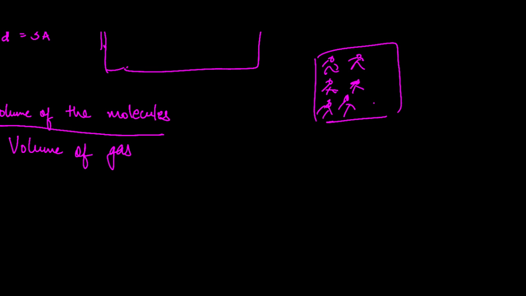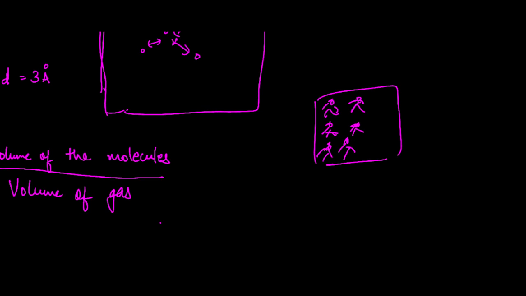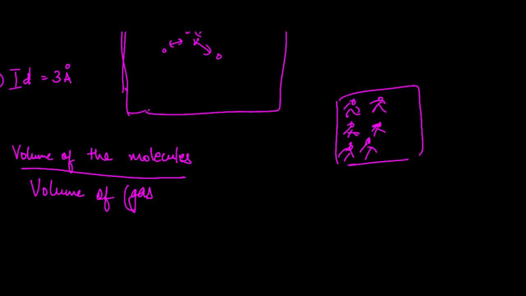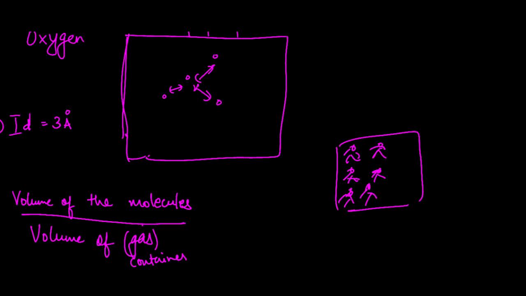Did you understand? Okay, so that's the difference. Volume of gas actually means volume of the container. Because the gas spreads out everywhere. But the molecules are only occupying small spaces like this, and between them there is a lot of empty space. Did you understand this?